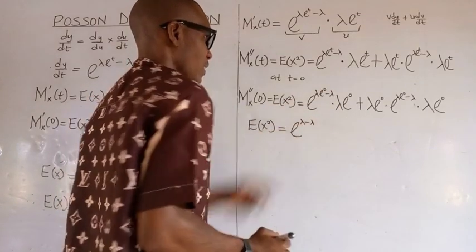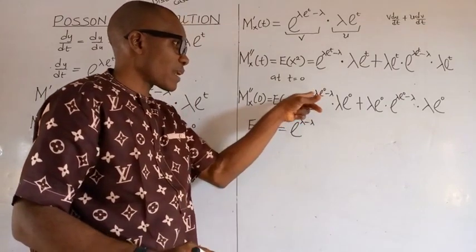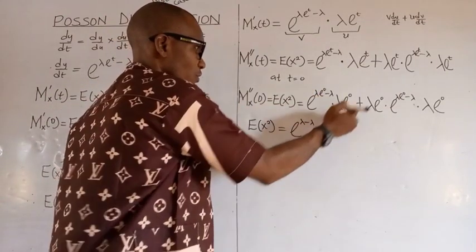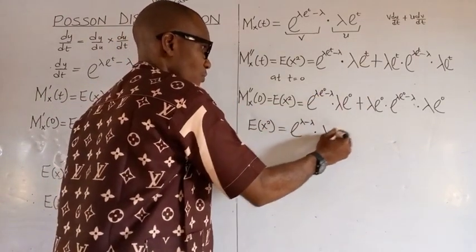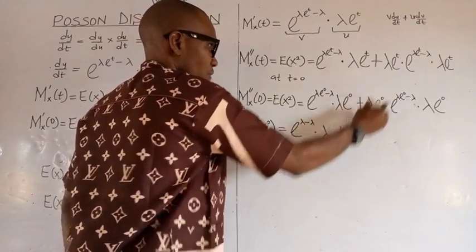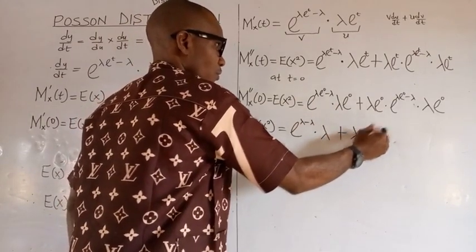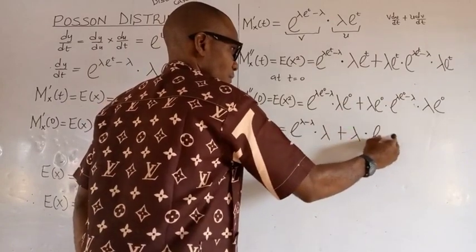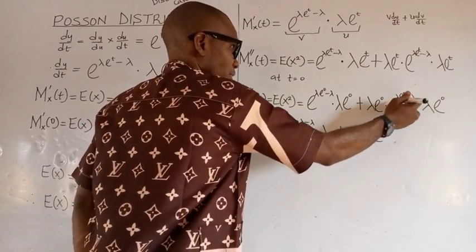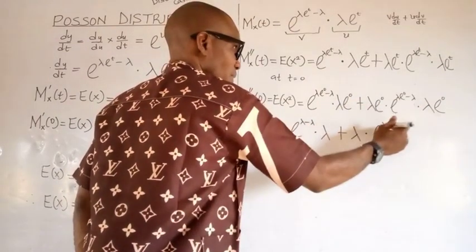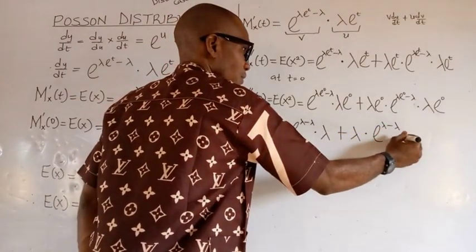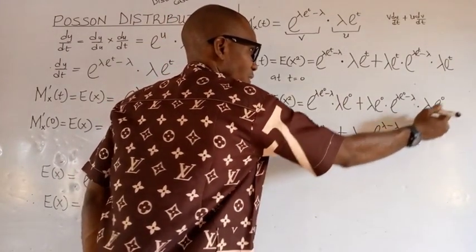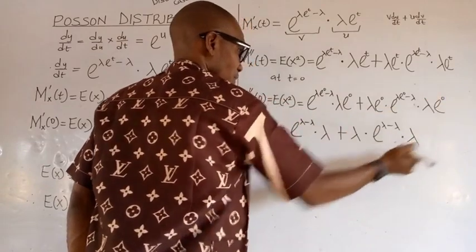We have lambda minus lambda because these are gone. 1 multiplied by lambda is lambda. But this is gone too, plus this is gone. But lambda, this is 1. 1 multiplied by this is the same thing, minus lambda. But this is 1. 1 multiplied by this is this.